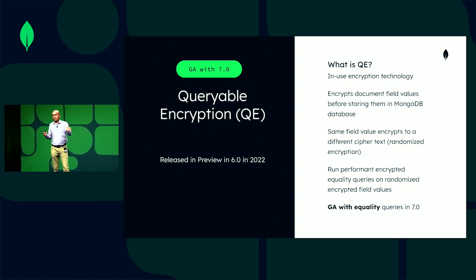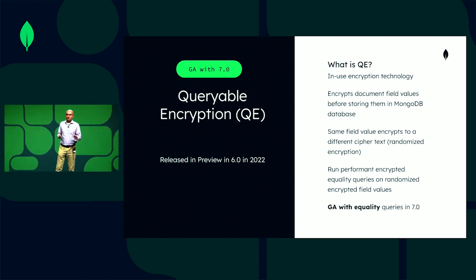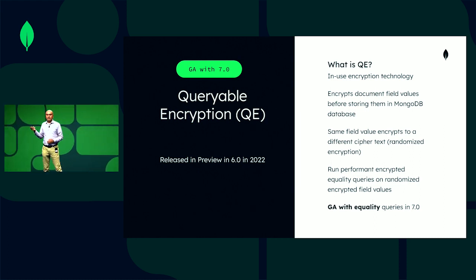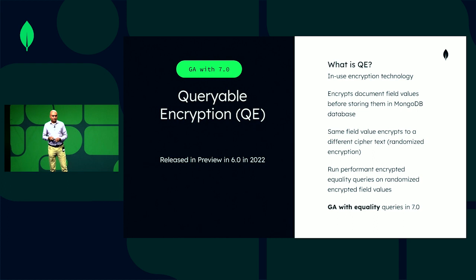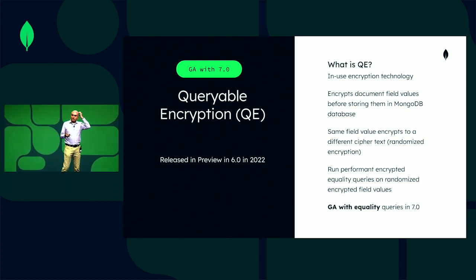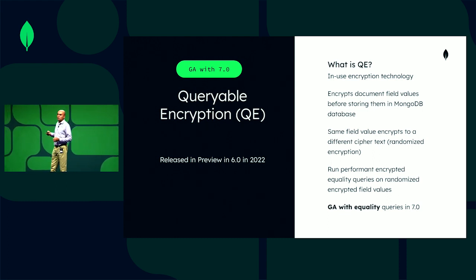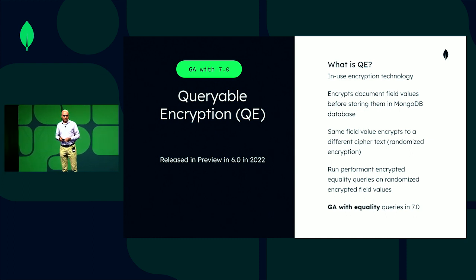In one document it will be XYZ, and in another document it may be ABC. The quote-unquote magic of this technology is that it allows running performant queries on encrypted data, on randomized encrypted data. With 7.0, we released Queryable Encryption as preview last year, and it is expected to GA when 7.0 is available later this summer.